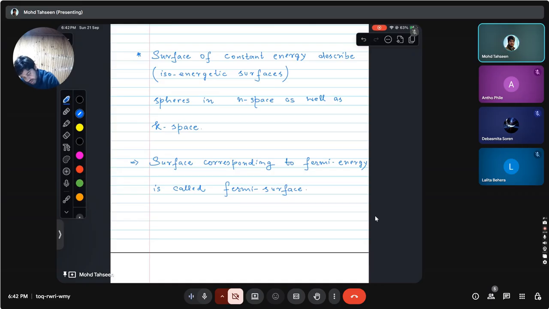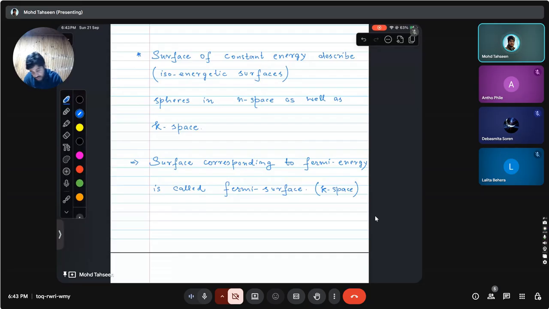We use this word when we talk about the Fermi energy in k space. That sphere is called Fermi sphere or Fermi surface. It will be a sphere.